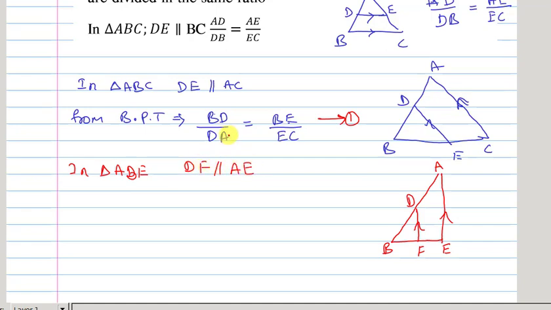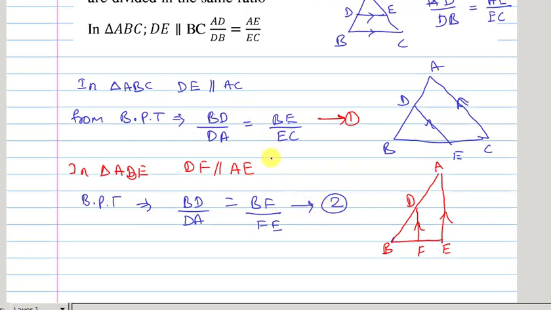So from the basic proportionality theorem, we can write that DF divides two sides of triangle ABE in the same ratio, that is BD by DA is equal to BF by FE. Now let us suppose this is the second equation.